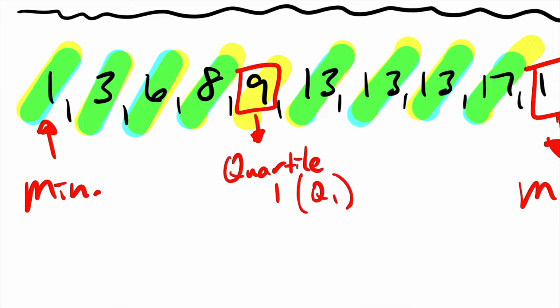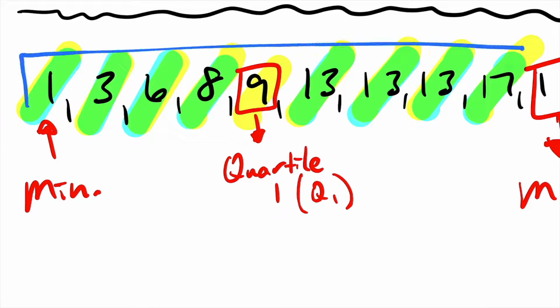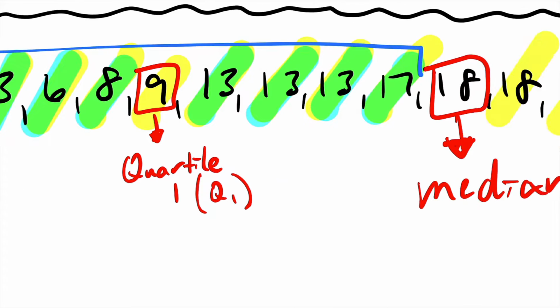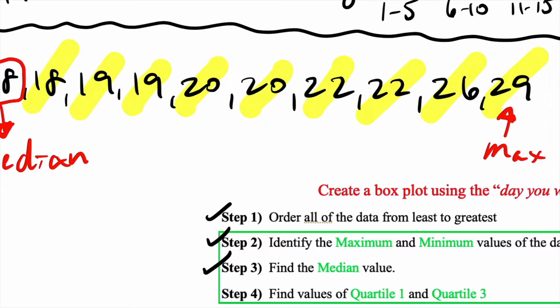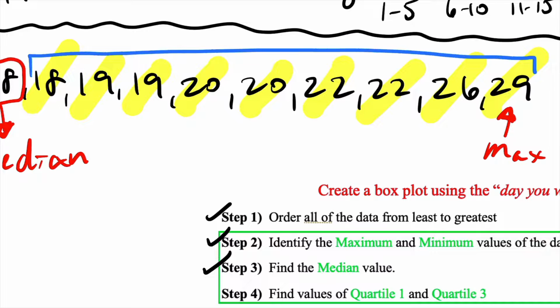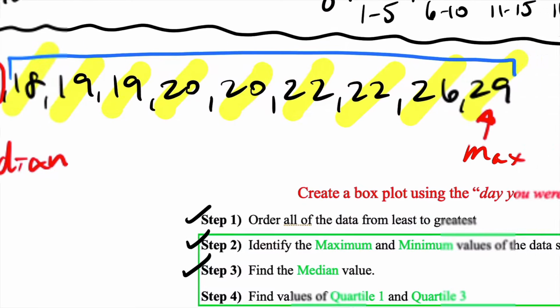The next thing we have to do, let me box those numbers in here. So that was the middle of those guys. Next we're going to do the same thing, but for the upper half. That's Q3. So everything above the median, all of these numbers here, from the second 18 on.